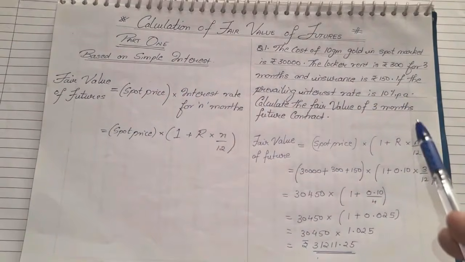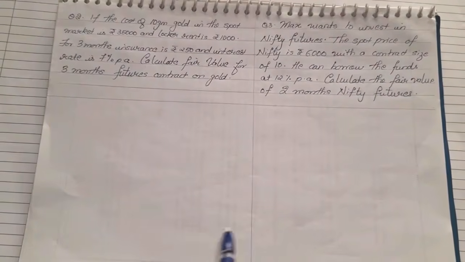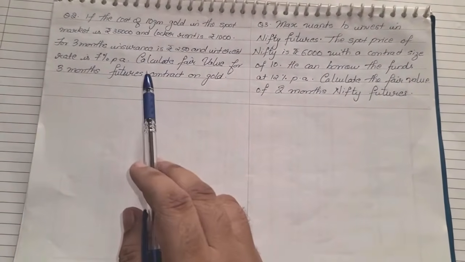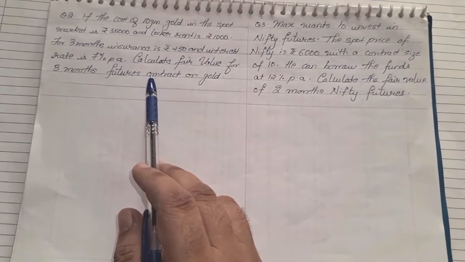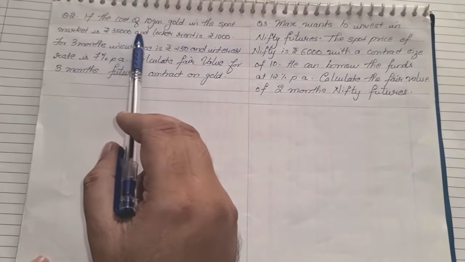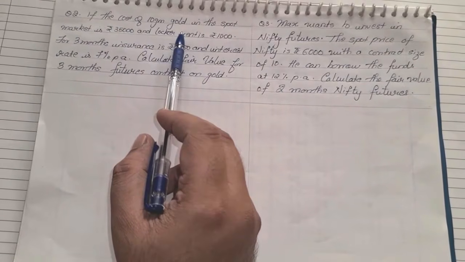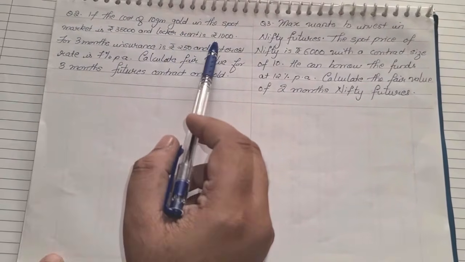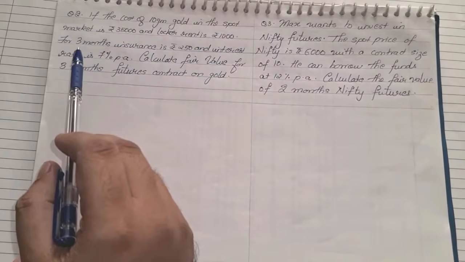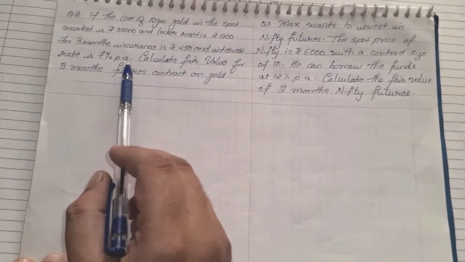Now we'll take up the second and third sums. Here are the second question and the third question. We are going to start with the second question. It is given that the cost of 10 gram gold in the spot market is rupees 35,000, the locker rent is 1,000 for 3 months, insurance is 250 and interest is 7% per annum.